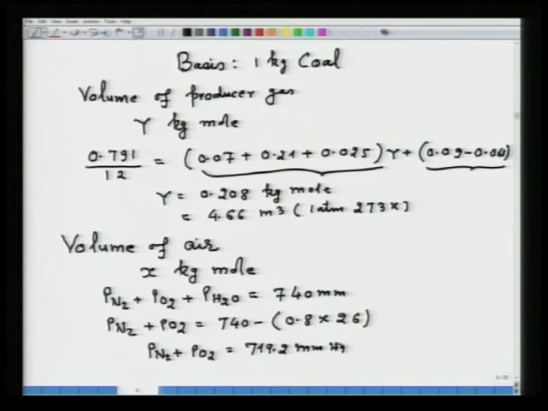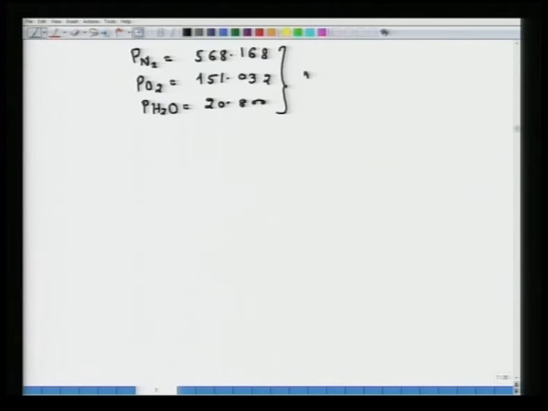Now, this 719 will be divided 79:21. So, I can get now PN2 as 568.168 millimeter mercury, PO2 as 151.032, and PH2O as 20.800, they are all in millimeter mercury.